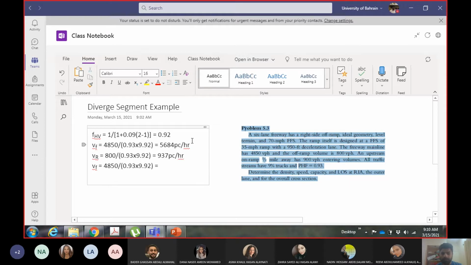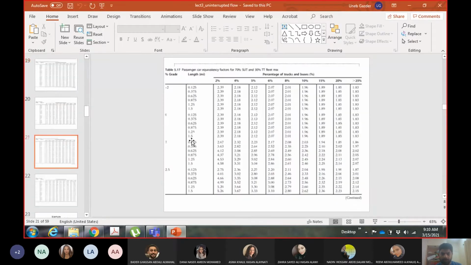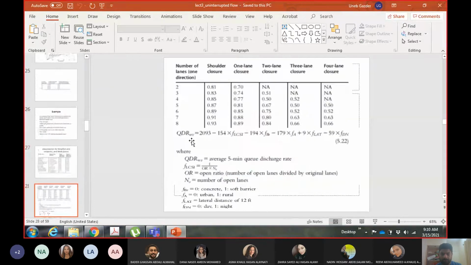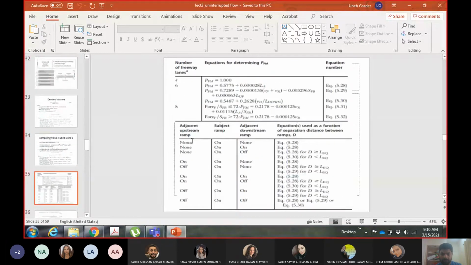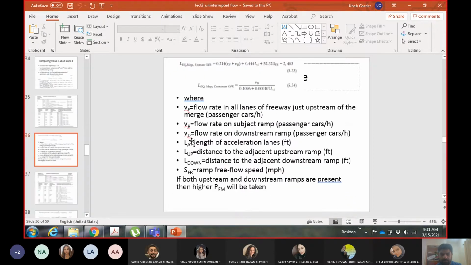And for the on ramp, it has 900. Let me look at what notation they are using for it.